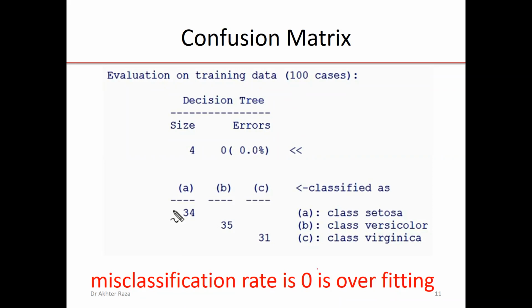Even 80 to 85% accuracy is not what we are expecting. If it is 90 to 95% accuracy, it is better. But if it is 100% accuracy, this is called overfitting. And if it is a very small accuracy level, suppose 5% or 10%, we have underfitting.